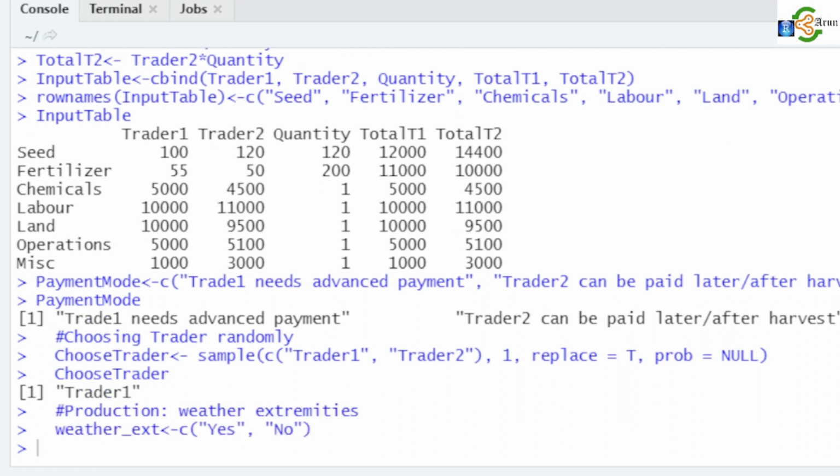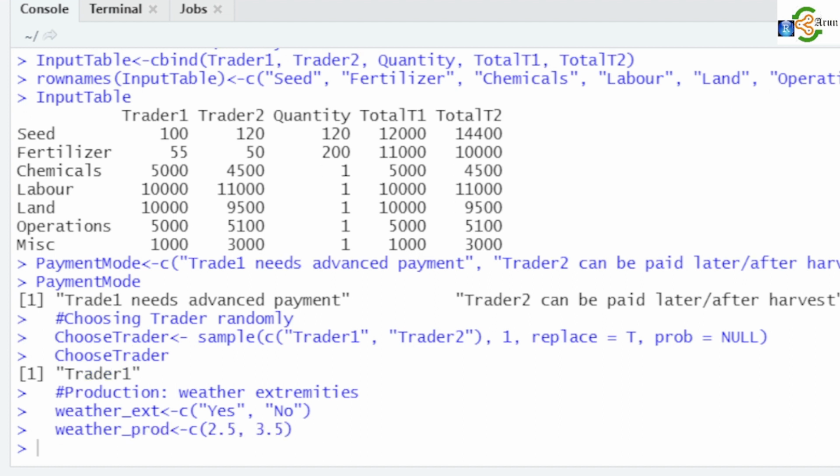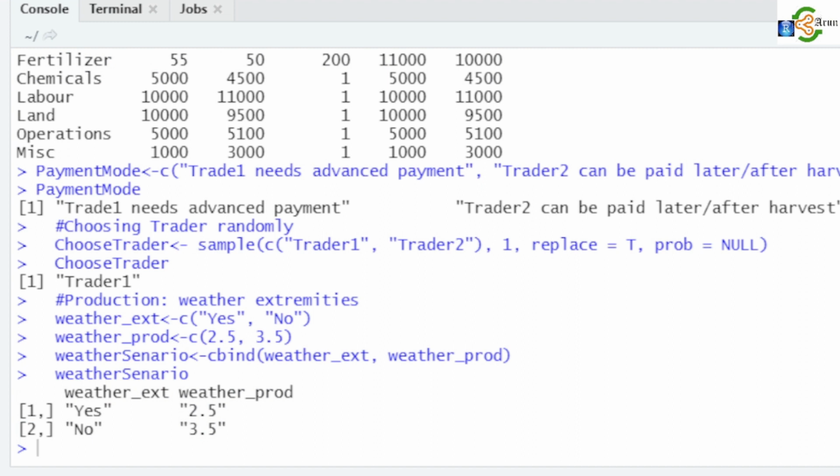Okay, so let's simulate the production situations. As we discussed before, we have the weather extremity conditions, whether we encounter extreme weather or not. If we encounter bad weather, then our wheat yield for 1 unit of land, that's 1 hectare, will reduce to 2.5 tons, as compared to the normal weather condition of 3.5 tons. This is the scenario.